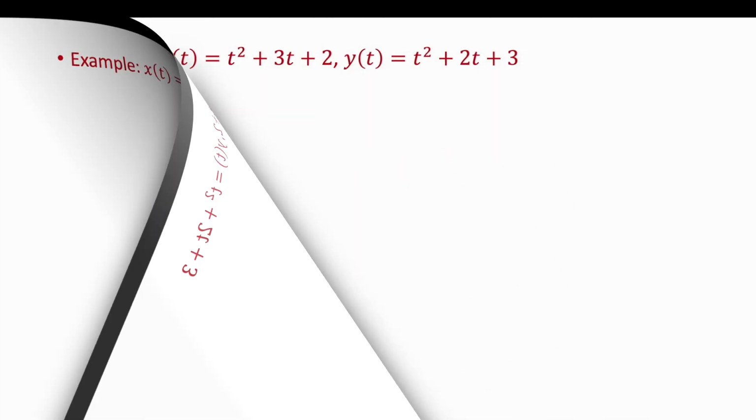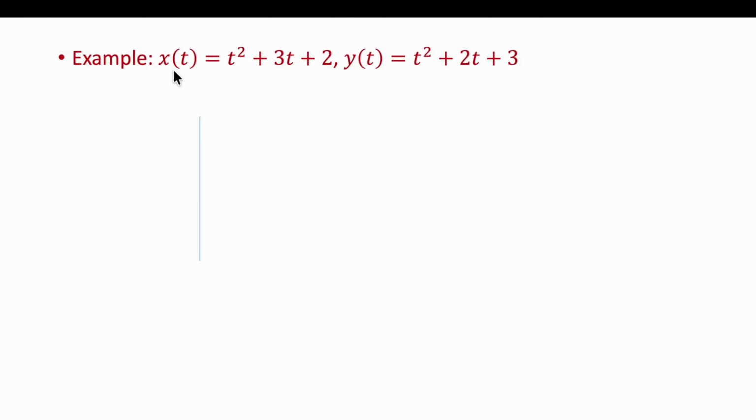So an example is given where x of t is equal to t square plus 3t plus 2, and y of t is equal to t square plus 2t plus 3. You are asked to calculate the convolution of these two signals. The first step is that you need to write this signal t square and then 3t and then 2.